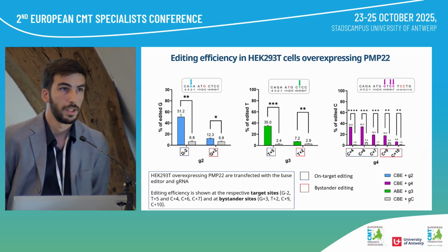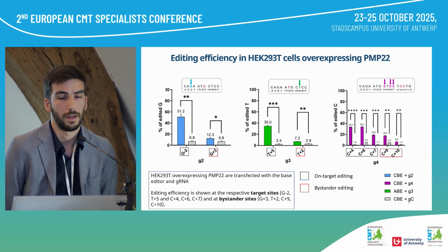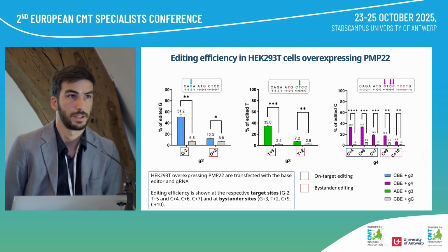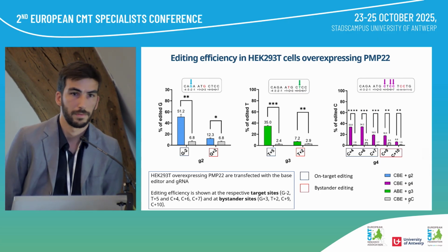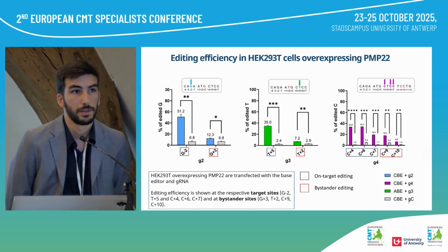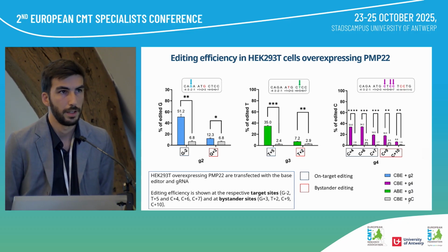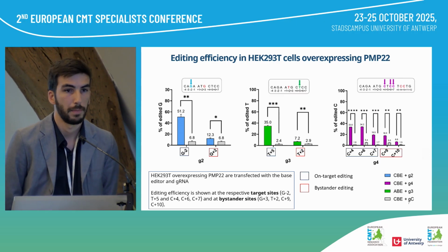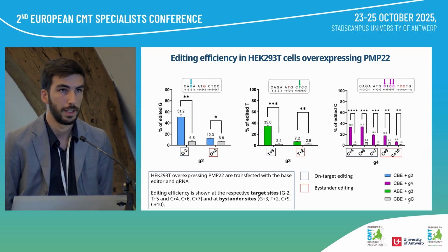And next, we moved on to transfecting HEK293T cells with a base editor and a guide that allows the installation of these variants: guide 2 for variant 2, guide 3 for variant 3, and so on. As you can see, guide 2 was able to quite efficiently install the wanted mutation, but it shows some bystander edits, which are unwanted edits that occur in the editing window of the cytosine base editor.